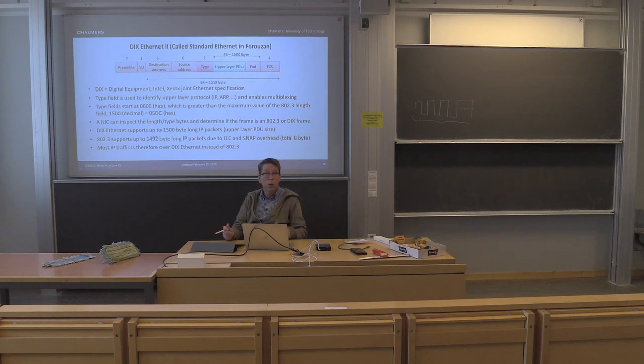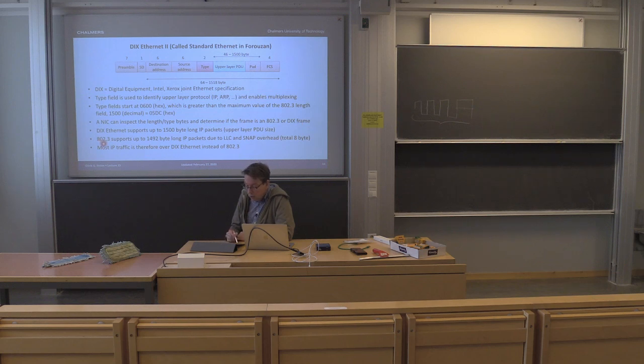And this is important because on the same medium, it's actually allowed to transmit both types of frames. So a receiving network interface card can inspect these length or type bytes and then determine whether it's an 802.3 or a DIX frame.